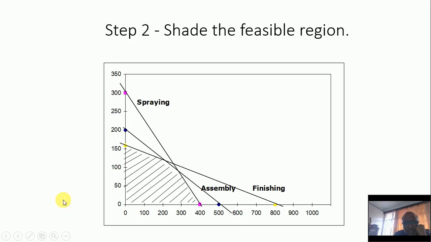This is an intersection of the assembly and the spraying. This is the intersection of the x-axis and the spraying. And out of these 5 intersections, your maximum profit will be on one of those 5.